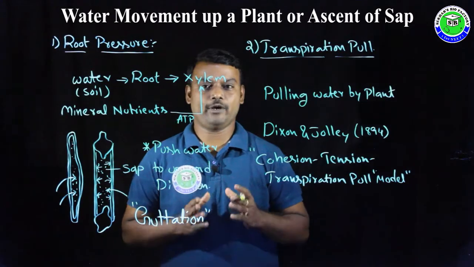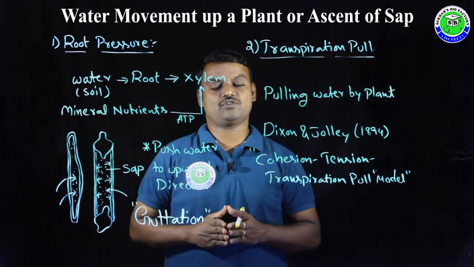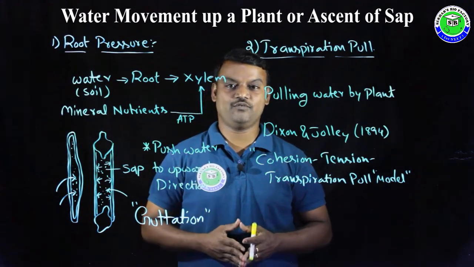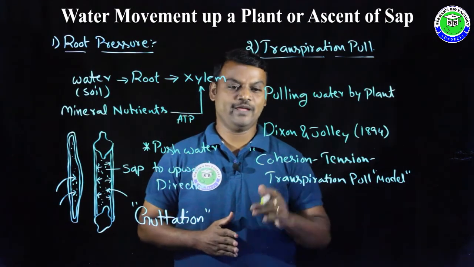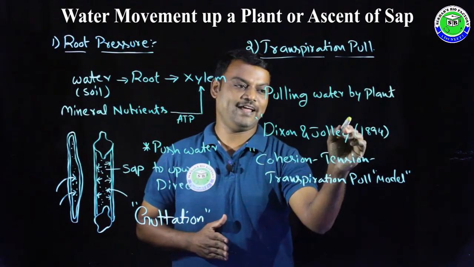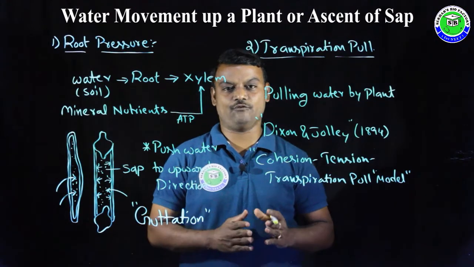So it is one of the important models. It explains the transportation of water over a long distance within the plant body by xylem tissue, and it was proposed by Dixon and Joly in the year 1894.